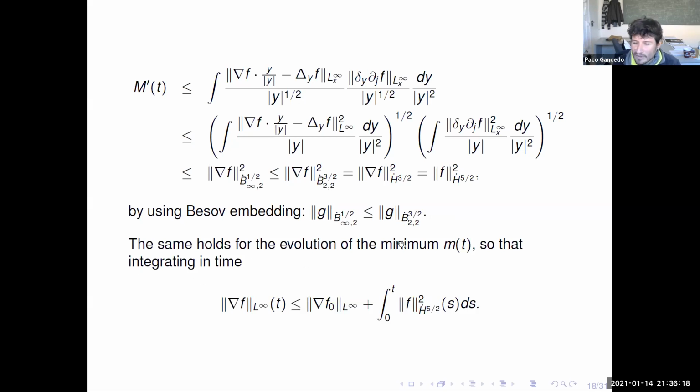So I can do the same for the minimum, and then later I'm going to integrate. Remember that this is for almost every time, so I integrate, and I can have the infinite norm initially, and then the nice thing is that I integrate this in time, and I hope to have this power. Because of this power, I hope to have this integral control. Okay? Very good.